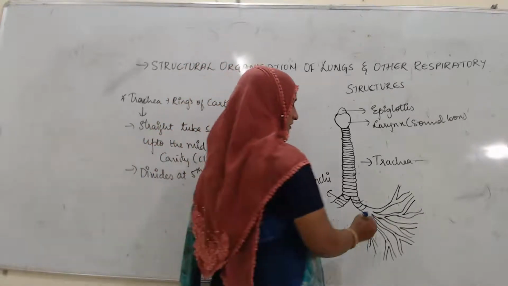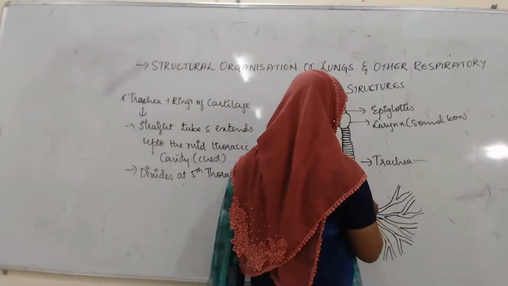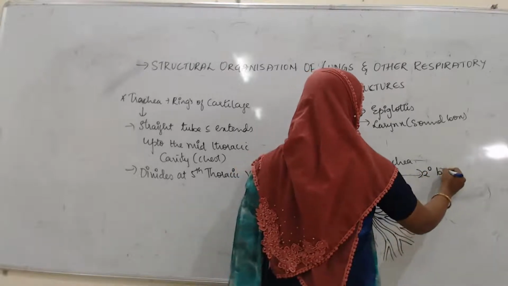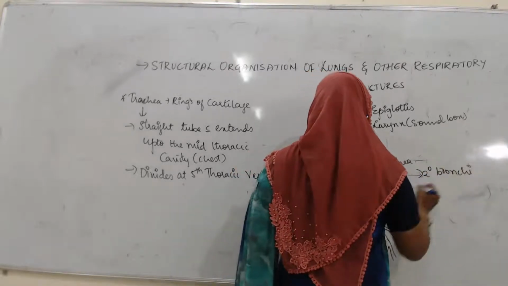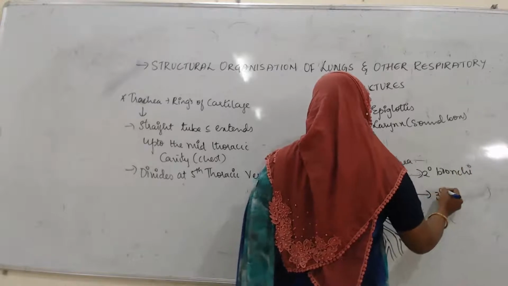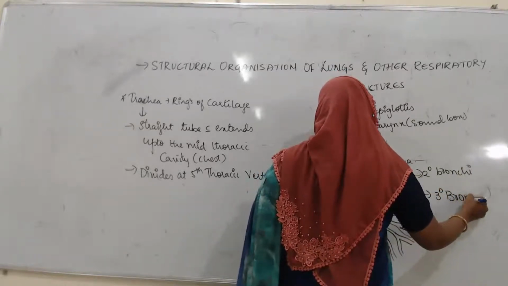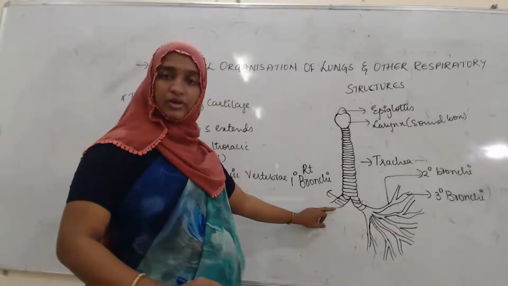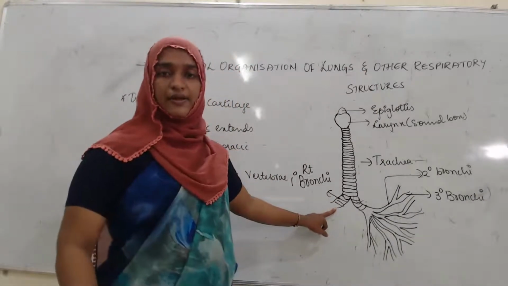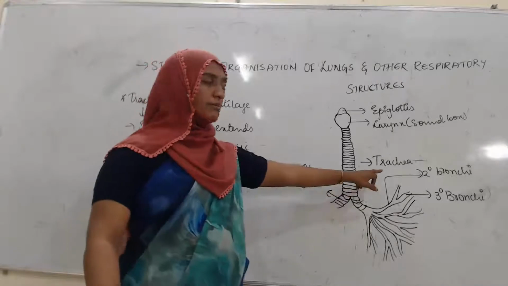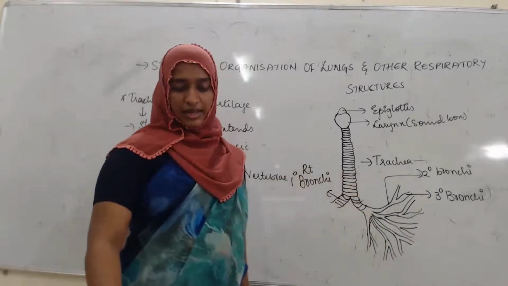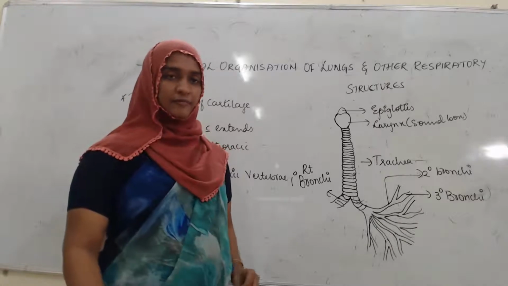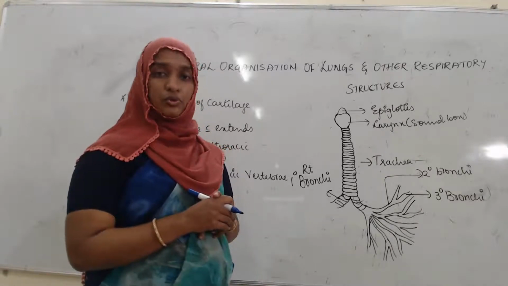So this is the primary bronchi, this is the secondary bronchi, and this is the tertiary bronchi. This bronchus will further divide repeatedly to form secondary and tertiary bronchi, and then lastly the bronchioles.